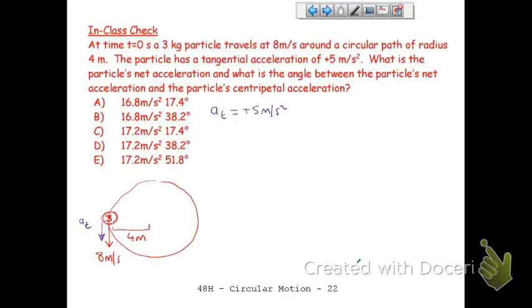What is the particle's net acceleration, and what is the angle between the particle's net acceleration and the centripetal acceleration?